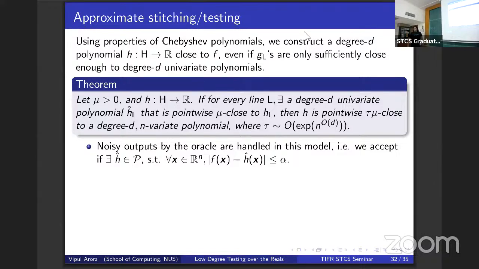Yeah, and this is the loss that you end up getting as a result. So the self-correction is defined at a line level. You want to go from there to a multivariate self-corrected version somehow, and that seems to incur some loss. Okay, because the test is also at a line level.